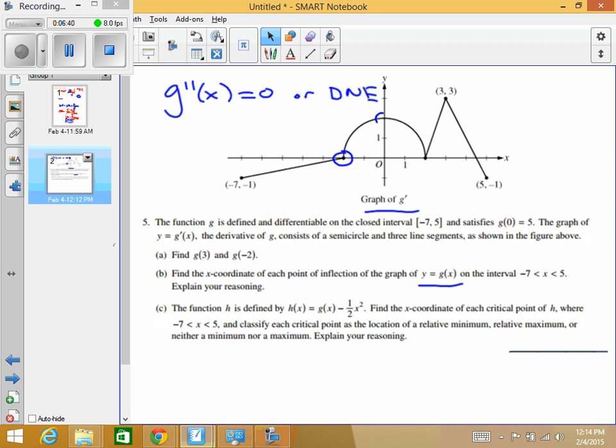We have a 0 slope on g prime here. Undefined, undefined. So it looks like we have 4 candidates, points of inflection of g. And we're going to have to explore all 4 of those separately. We're going to look at x equals -2, x equals 0, x equals 2, and x equals 3.